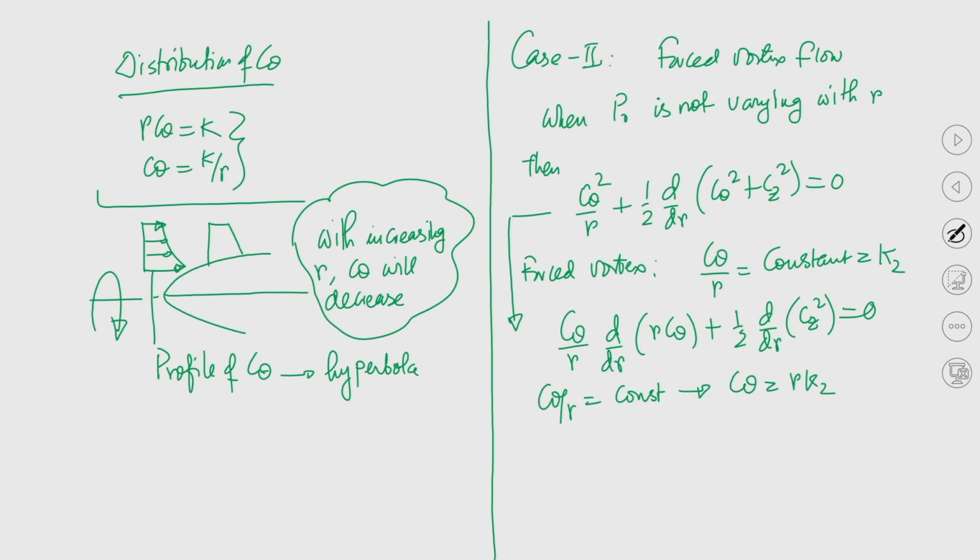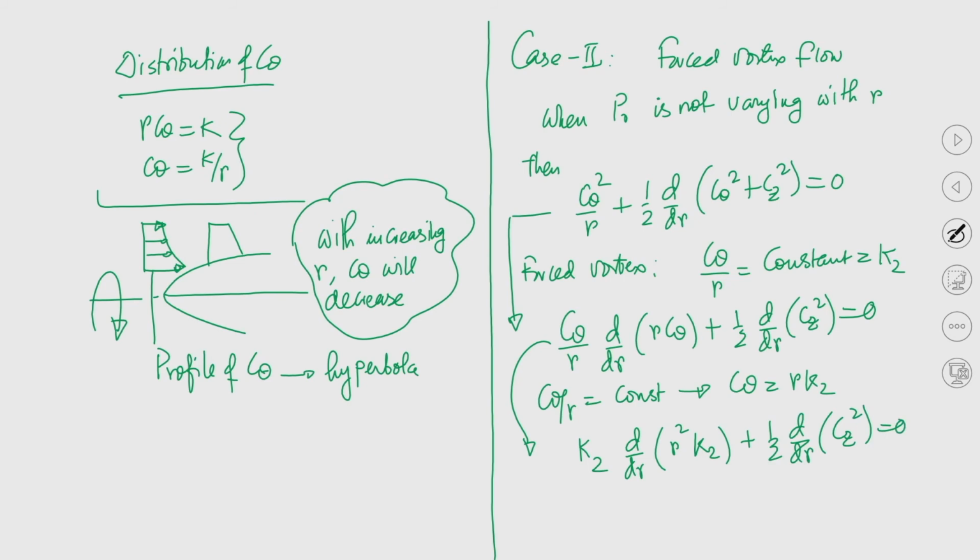If we plug in the value over here, we can write k 2 d dr of r square k 2 plus half d dr of C z square equal to 0.